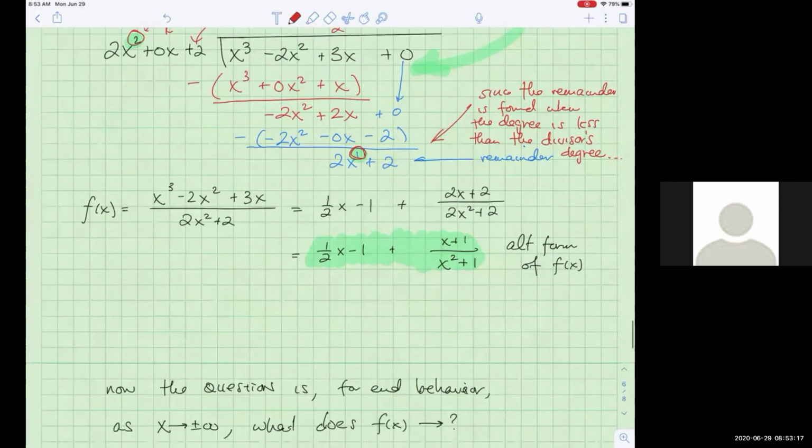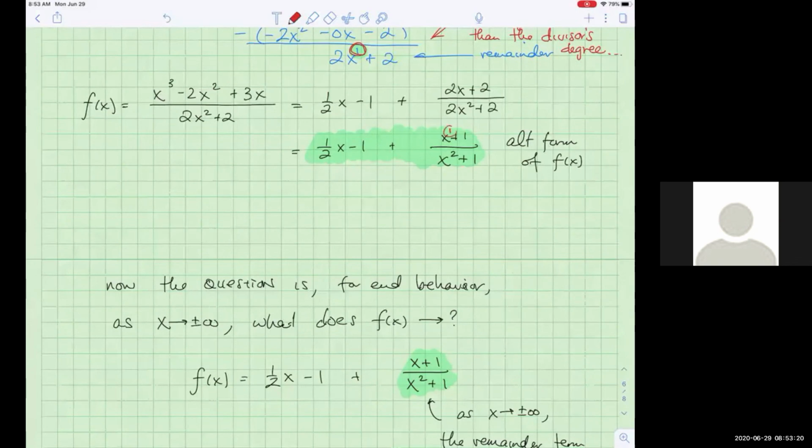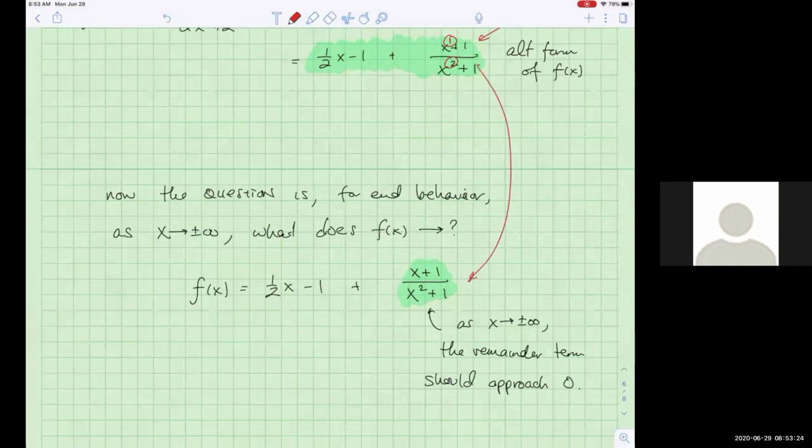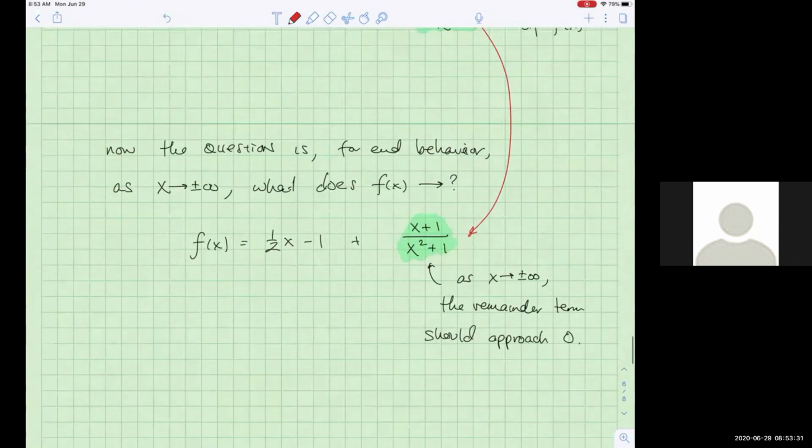Now, when we come back down here to our form, this is going to tend towards 0 because the denominator is growing faster than the numerator.